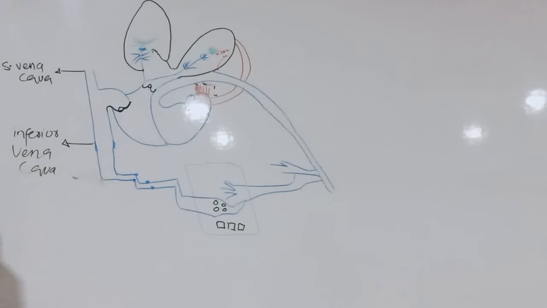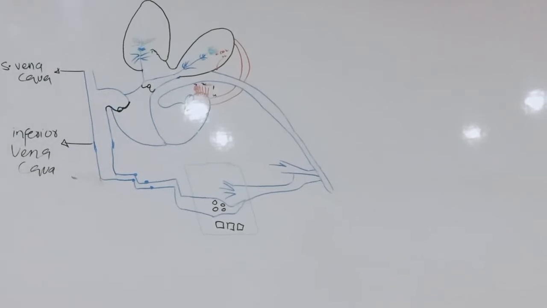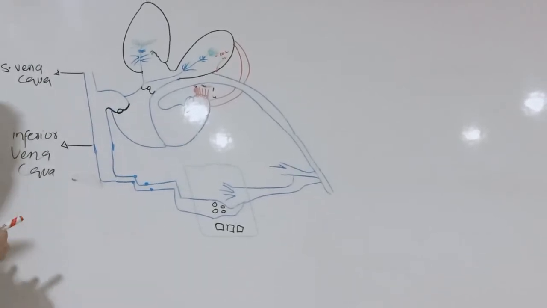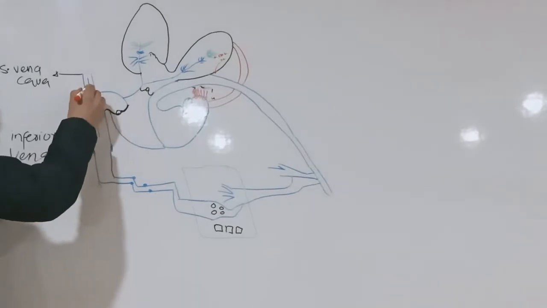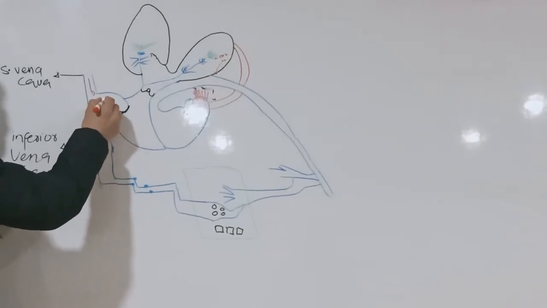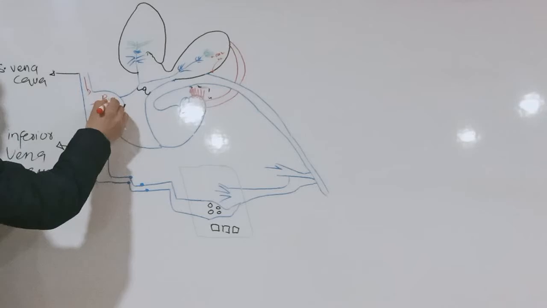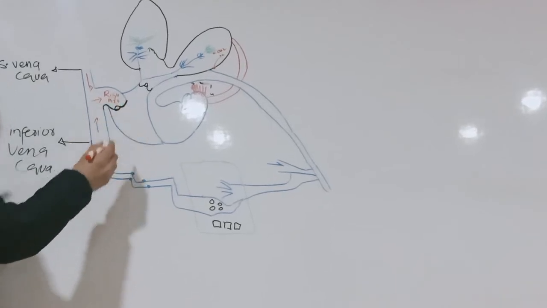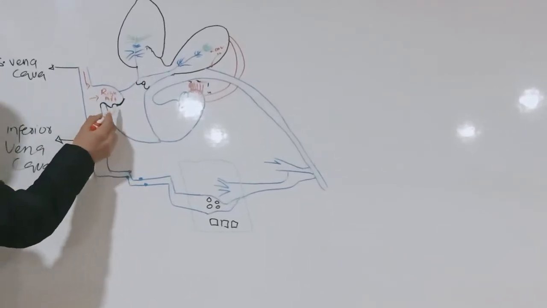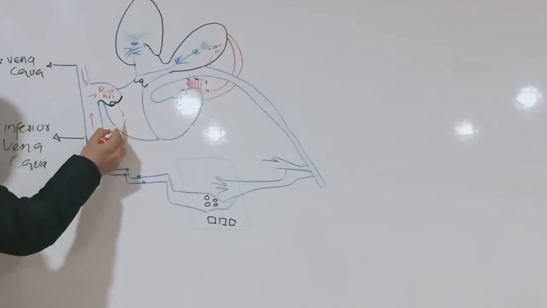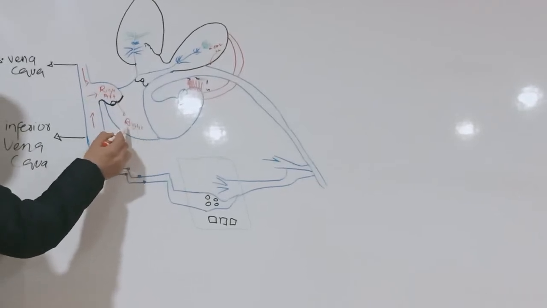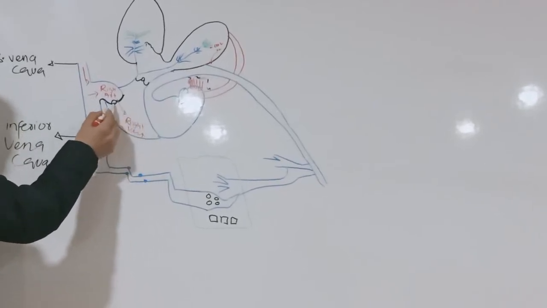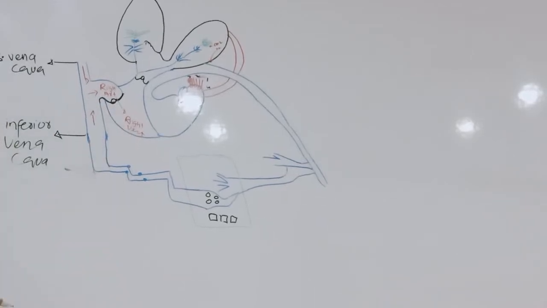The blood from the superior and inferior vena cava comes here to the right atrium. This is the right atrium. From the right atrium it goes to the right ventricle through which valve? Through the tricuspid valve.